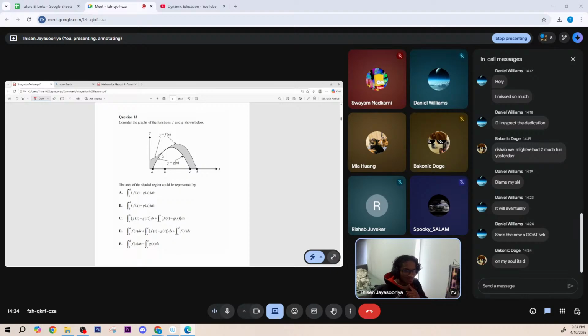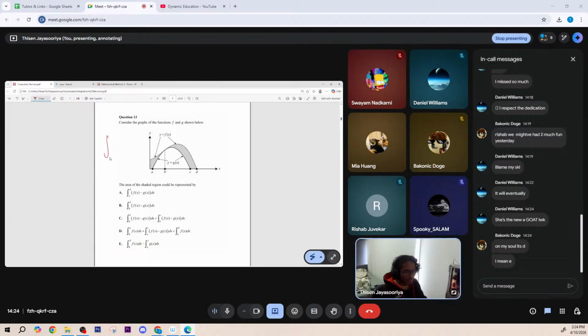So what do you think the first integral would be? Oh, the 0 to d. So it's going to go all the way from 0 to d, yeah? So how would you write that integral? From 0 to d, yeah? And what function? f of x. It's not g of x, because g of x actually doesn't go from 0 to d. It goes from a to c, yeah?